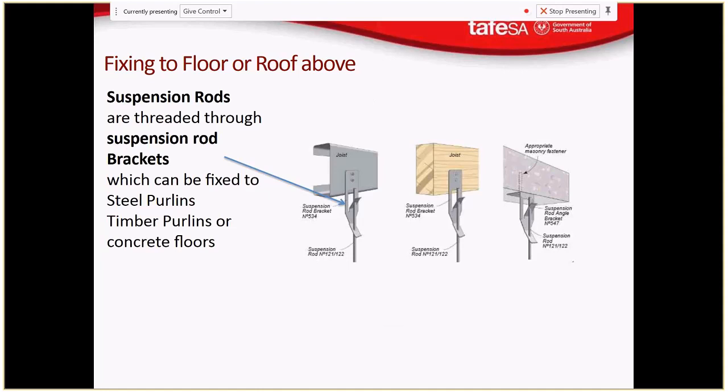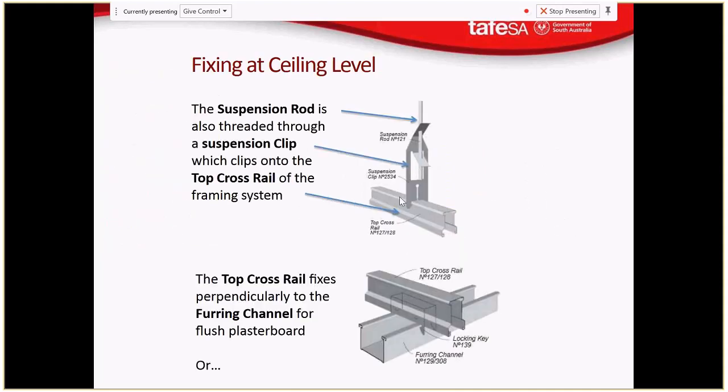There are various different methods of fixing to the roof or floor above. So suspension rods fixed to steel joists, timber joists, or directly to the concrete with masonry anchors, and through bracket systems attached to those.